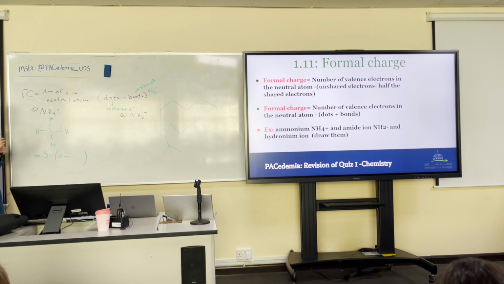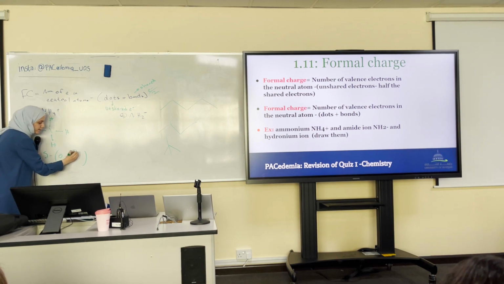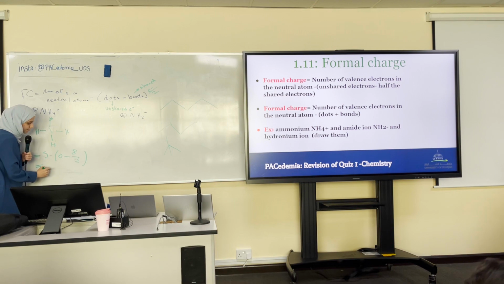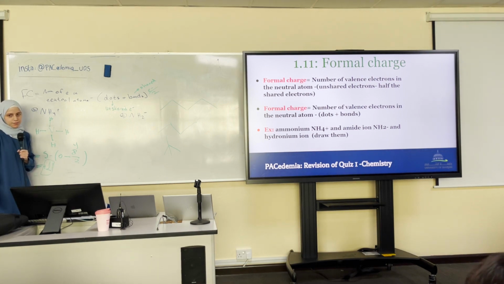You can say 1, 2, 3, 4, 5, 6, 7, 8. Then 8 divided by 2 is 4. So 5 minus 4 is 1. So the positive 1 is from the nitrogen.